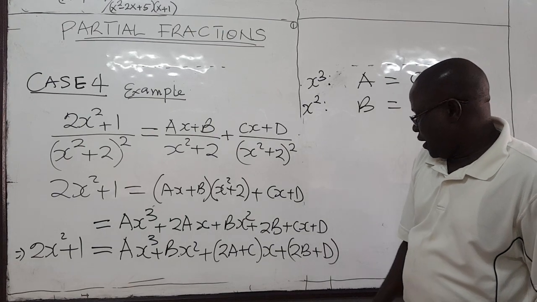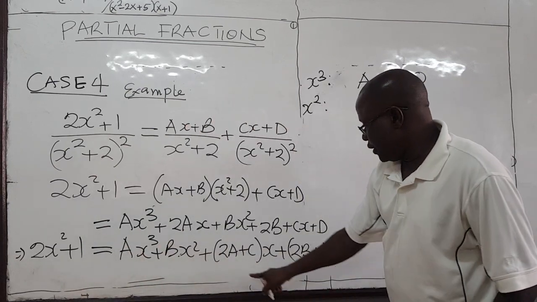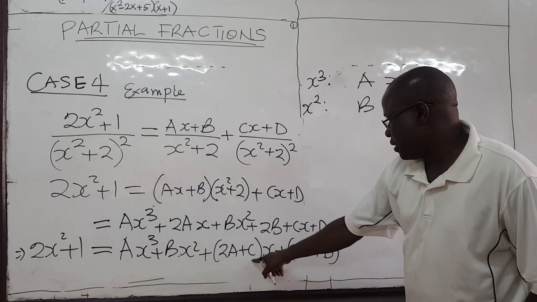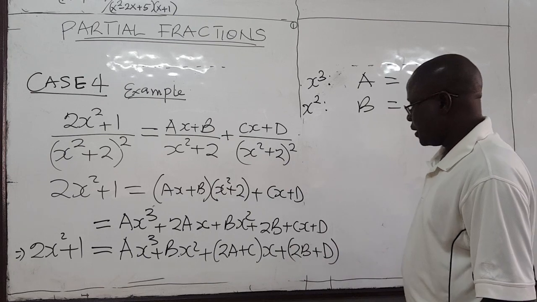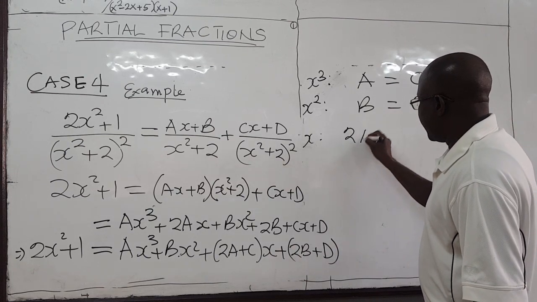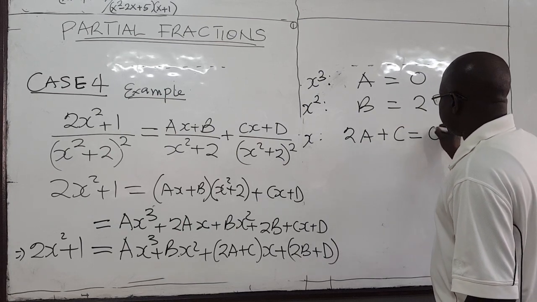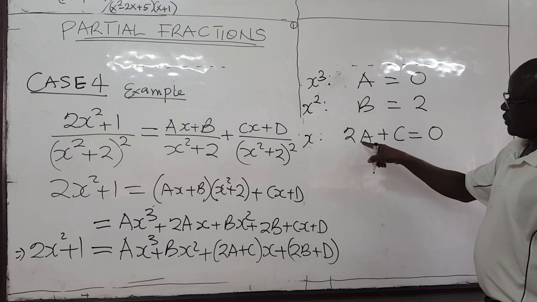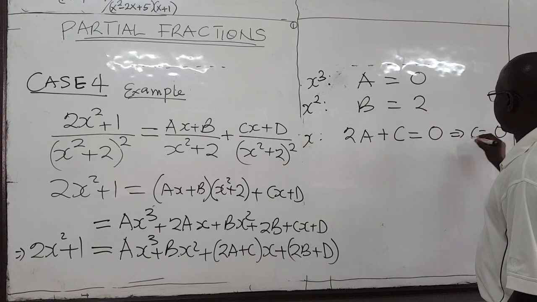And then there is no x term here, which means that 2a plus c must be equal to 0. So for the x terms, 2a plus c is equal to 0. But a is already 0, which implies that c is equal to 0.